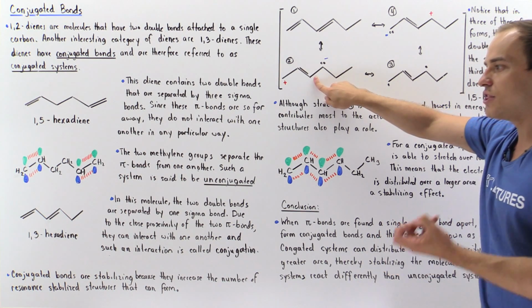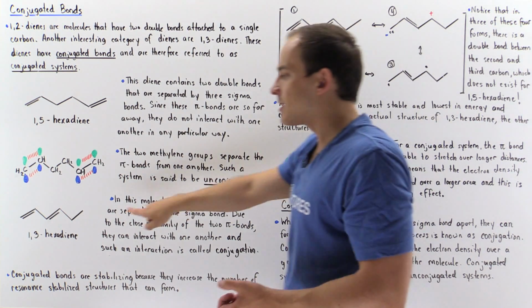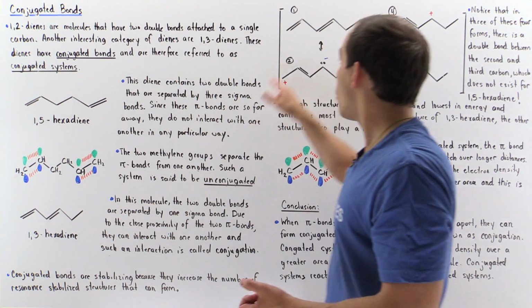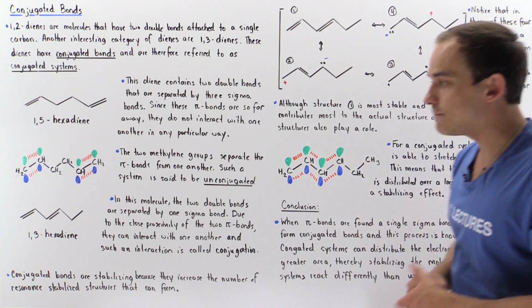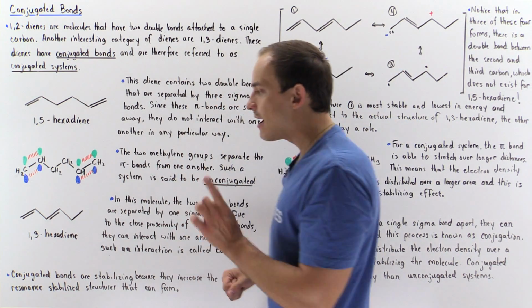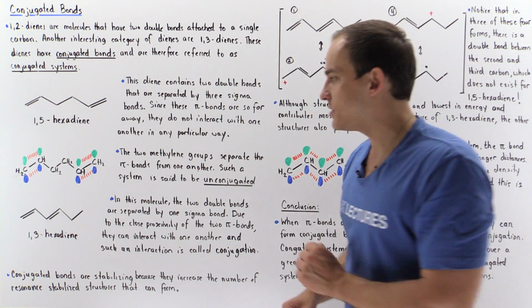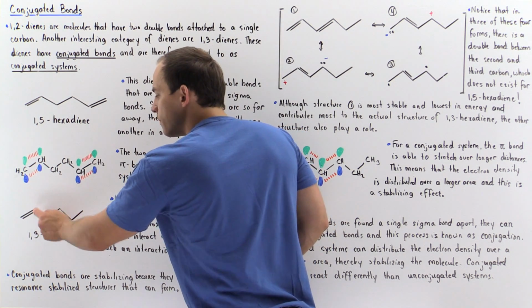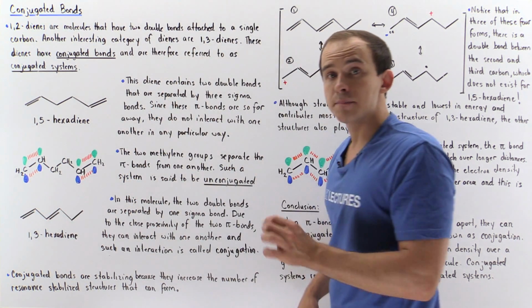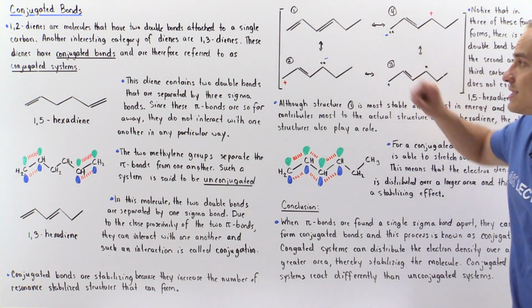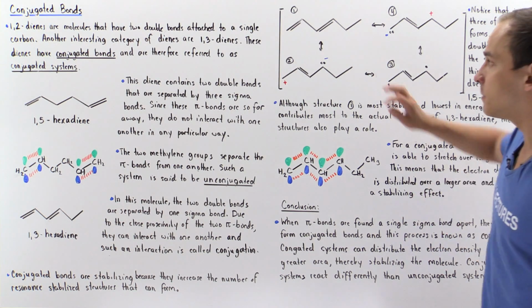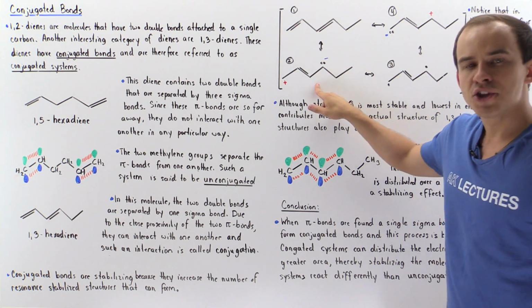So basically that means in this conjugated system, in the 1,3-hexadiene, not only will we have a double bond character between the 1, 2, and 3, 4 carbons, but also we're going to have a pi bond character between the 2nd and 3rd carbon.